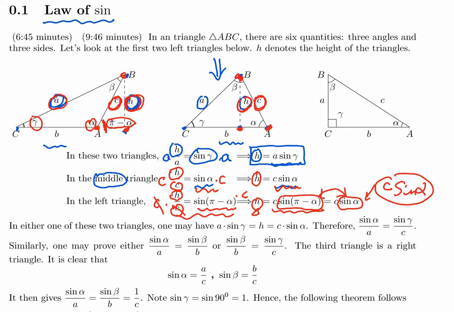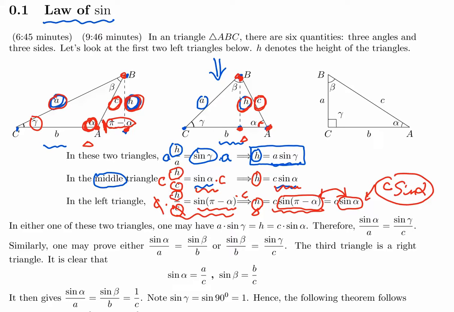Now see, in either this case, the middle triangle, or in this case, where the triangle looks like this, alpha here was acute and here it is obtuse, greater than 90 degrees.